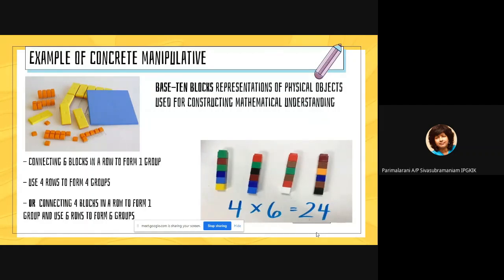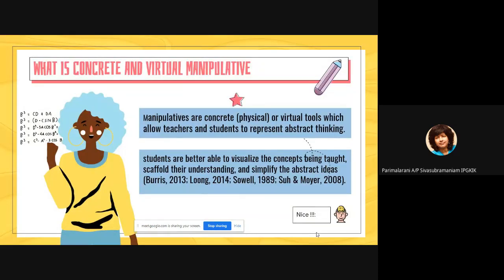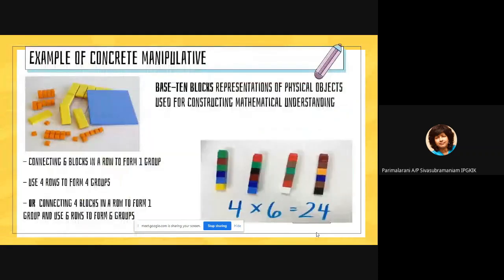In this picture, we see 6 and then another 6, another 6. 4 times 6 is 24. What concept is that? You're not sure? Okay, then go on.